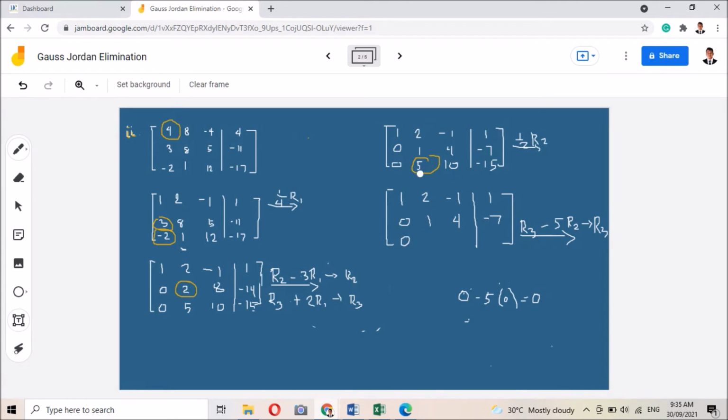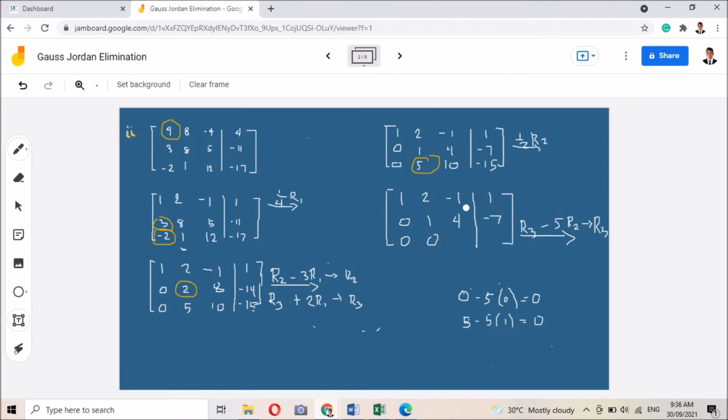The next is 5. We have 5 minus 5 times 1 equals 0. Since R2 is 1, it will give us 0.